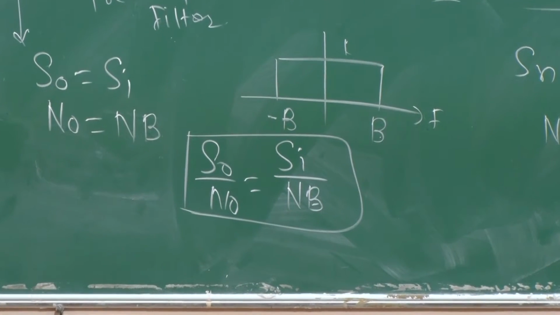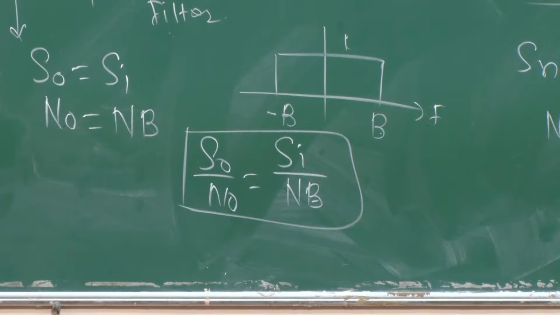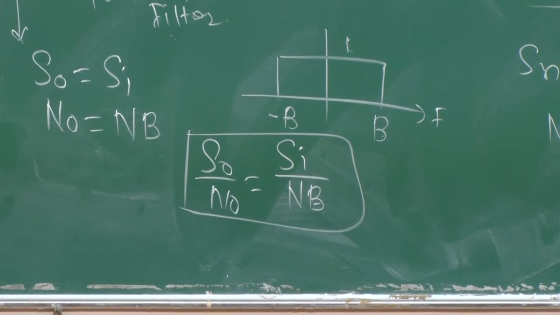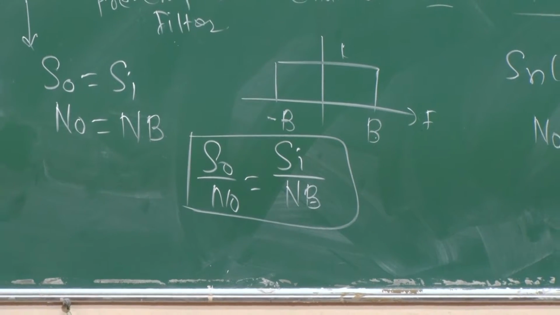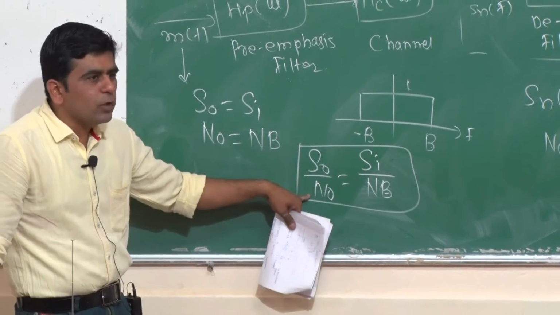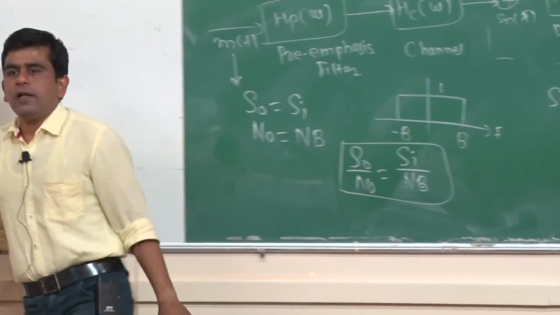Generally we require the output signal to be similar to your input signal. So output signal to noise ratio is equal to Si divided by capital NB. This is the output signal to noise ratio for the baseband signal. Write down, this is for the baseband signal.